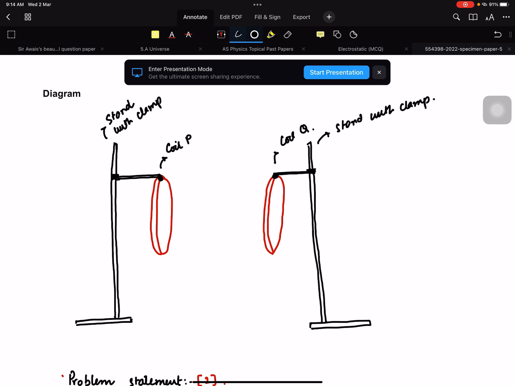Now naturally, because these are just coils, we need to find the distance X between the coils. So what you could do is use either another stand or the same stand to clamp a ruler.